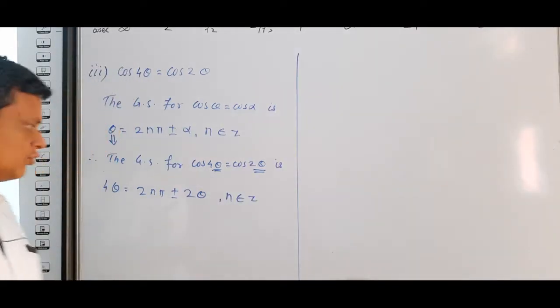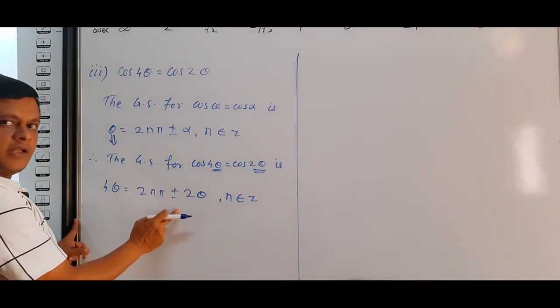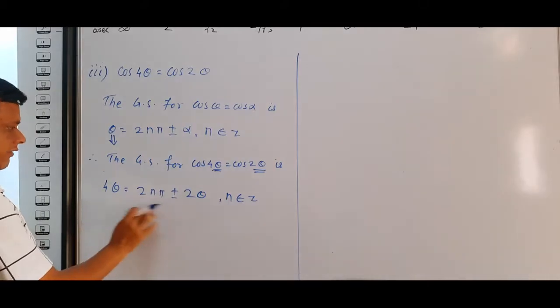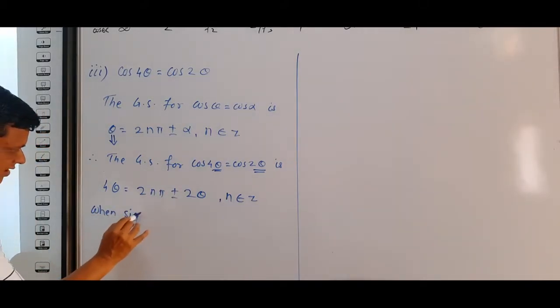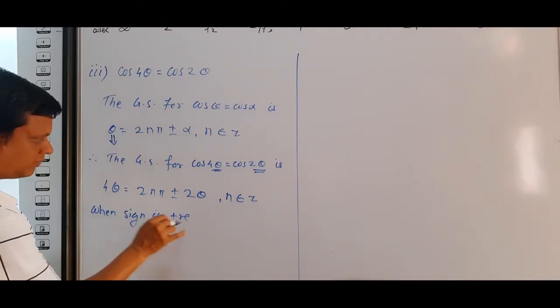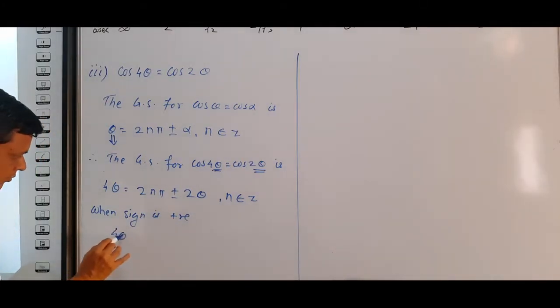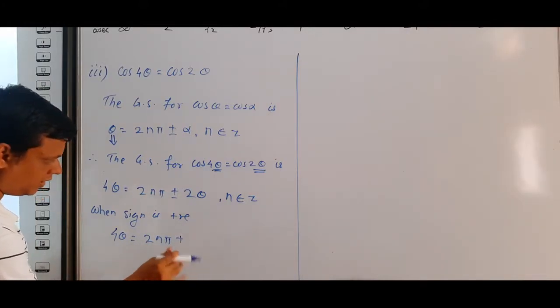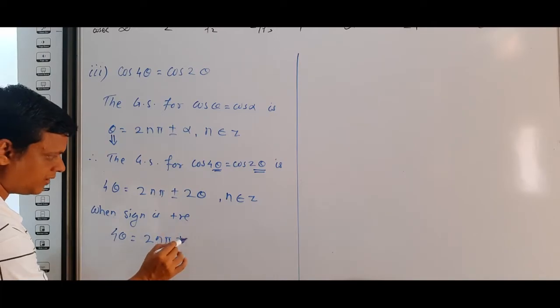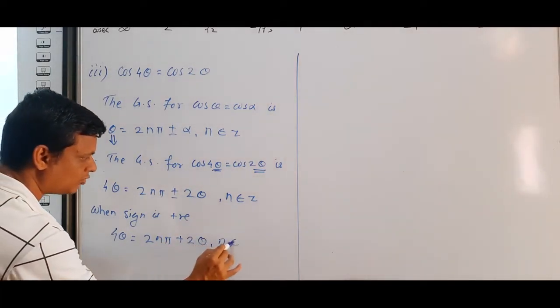So here are two signs, plus or minus. We first take when the sign is positive. When the sign is positive, 4 theta equals twice n pi plus 2 theta, n belongs to z.